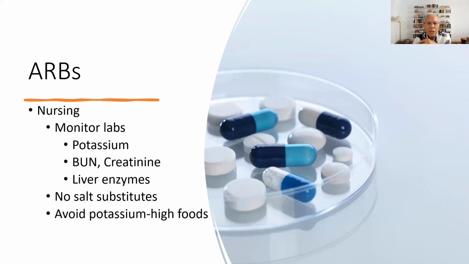And then, of course, liver enzymes are going to be watched because patients are at risk for liver failure. Anytime you use a medication, because the liver is the primary metabolic agent to process drugs, you always have to take that into consideration, right?